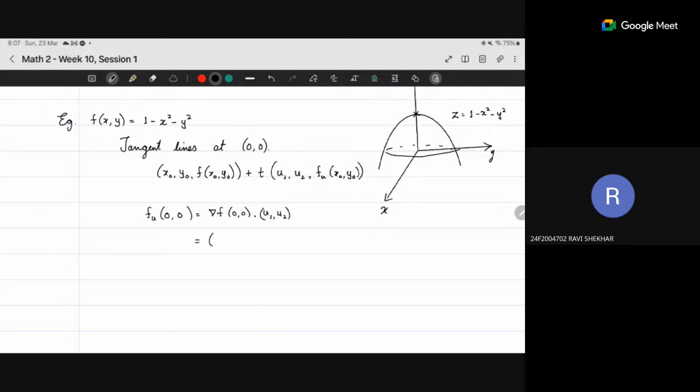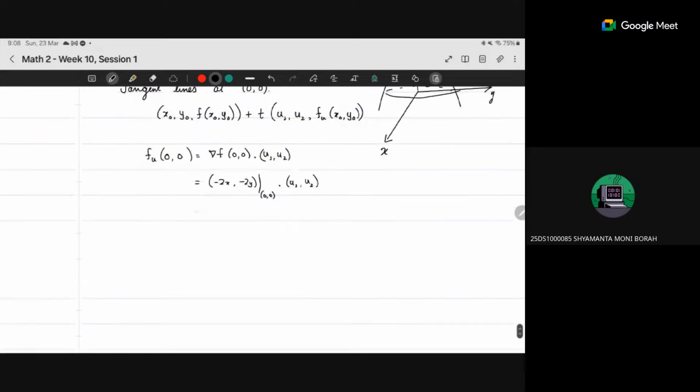Minus 2x, minus 2y. This is at 0 0. Remember, dot with u1 u2. But this happens to be 0, 0 dot u1, u2, and this is just 0.